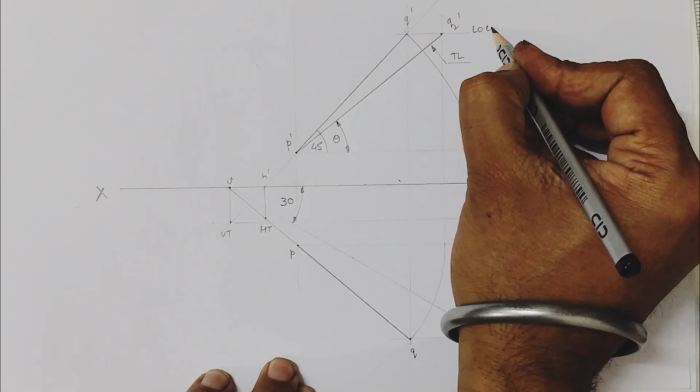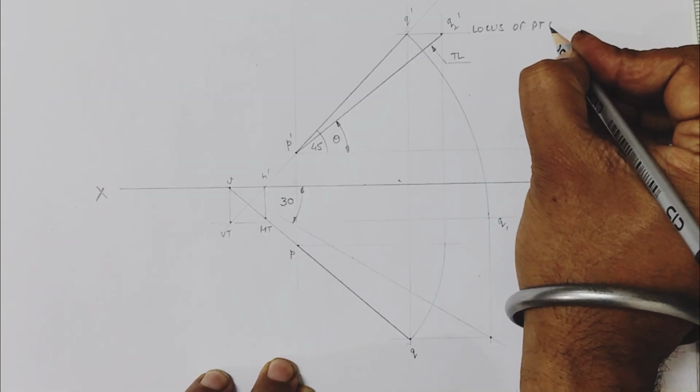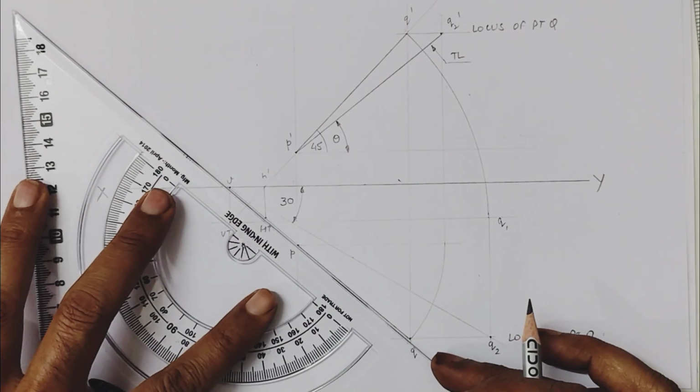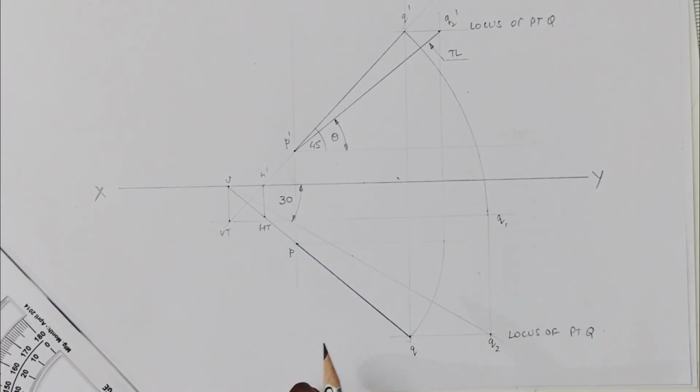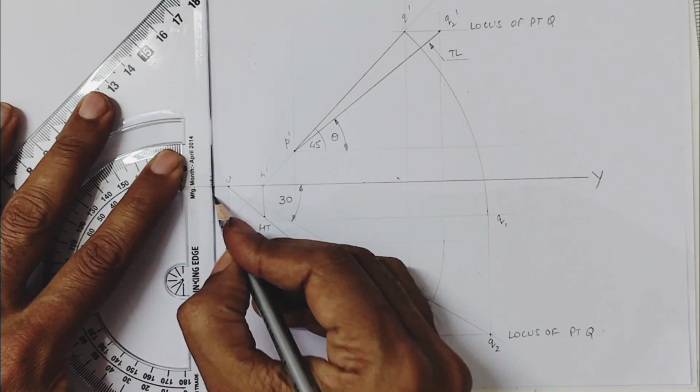This is the locus of point Q. The dimension here is given as 15 mm.